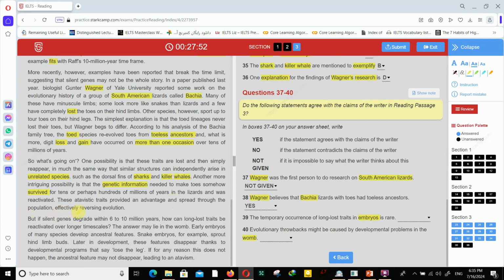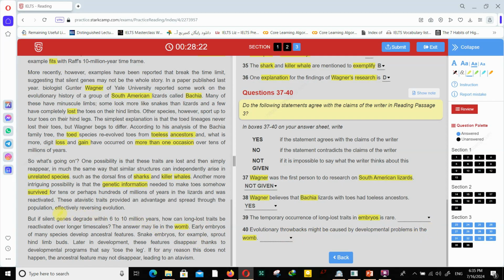But if silent genes degrade within 6 to 10 million years, how can long-lasting traits be reactivated over longer timescales? The answer may lie in the womb. So here it says that evolutionary drawbacks might be caused by developmental problems in the womb.